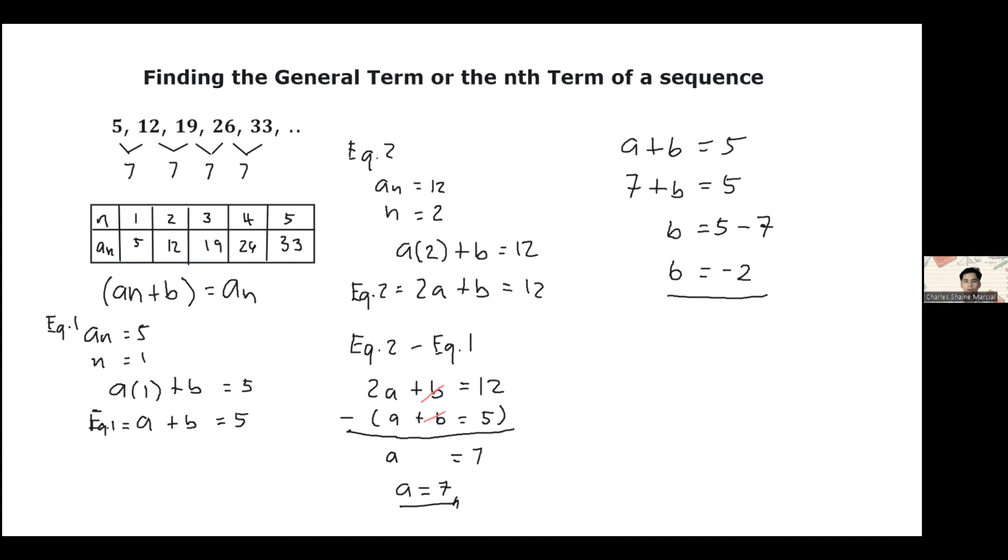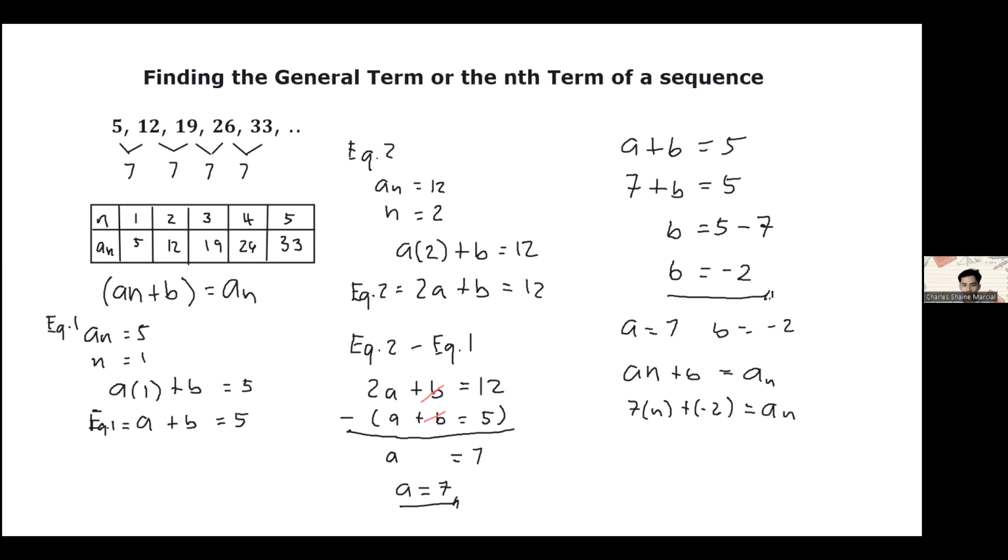Ngayong meron na tayong value ng a and b, isa-substitute na natin yung value ng a and b dito sa given formula, yung nauna nating general term. So we have a times n plus b is equal to a sub n. Let's substitute. We have 7 times n plus negative 2 is equal to a sub n.